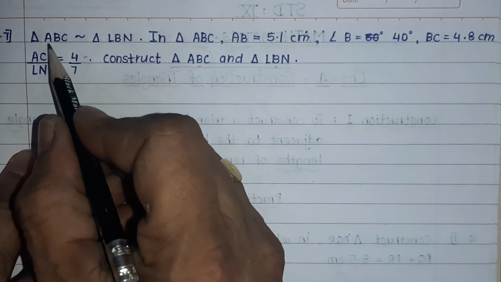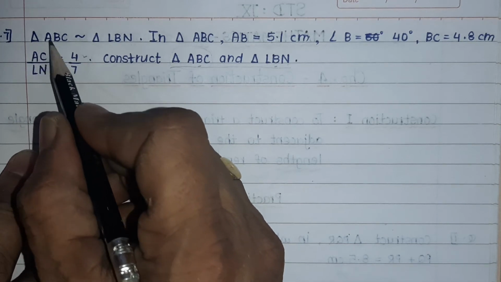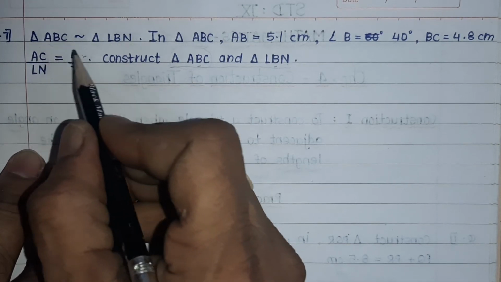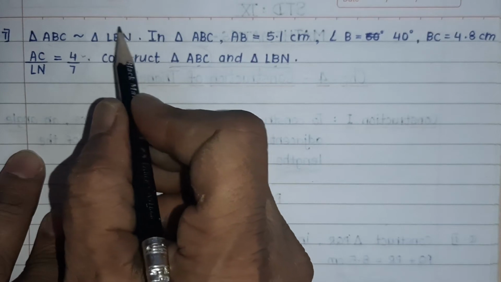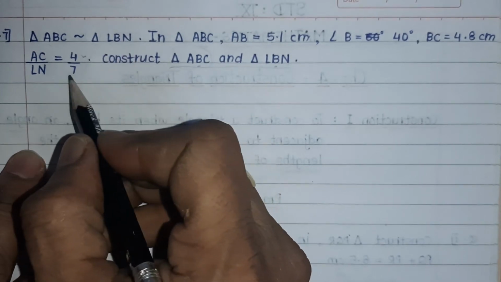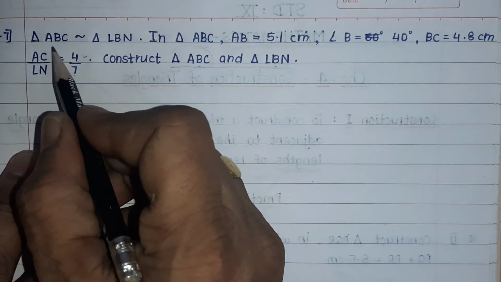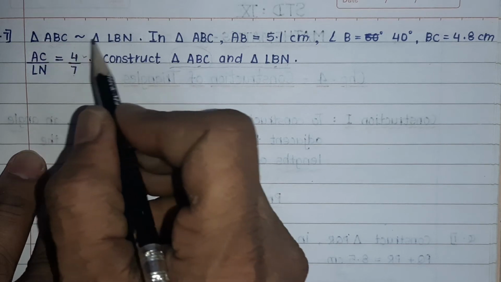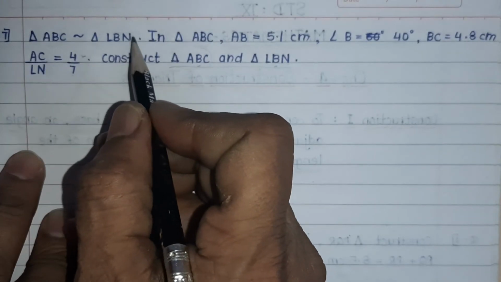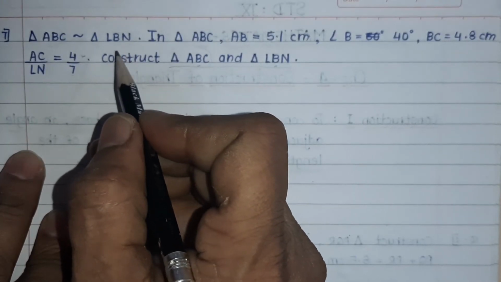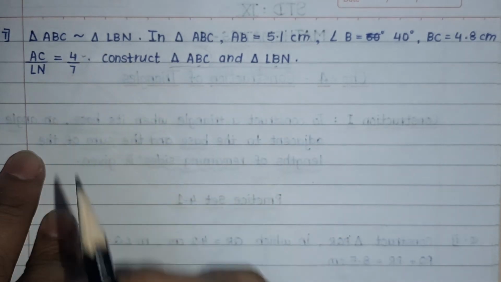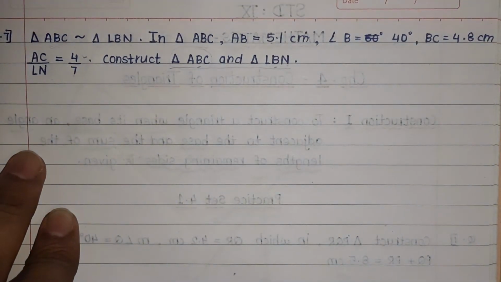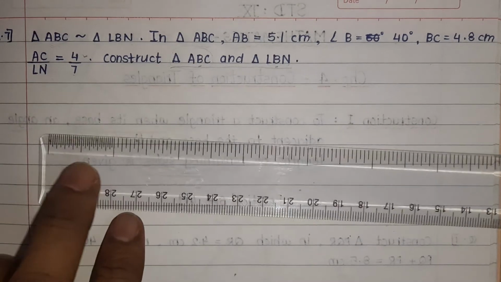That means AC is a side of triangle ABC and LN is the corresponding side of triangle LBN. It is 7. Therefore, triangle ABC is a smaller triangle and triangle LBN is the bigger triangle. And dear student, first of all, we have to construct the analytical figure.